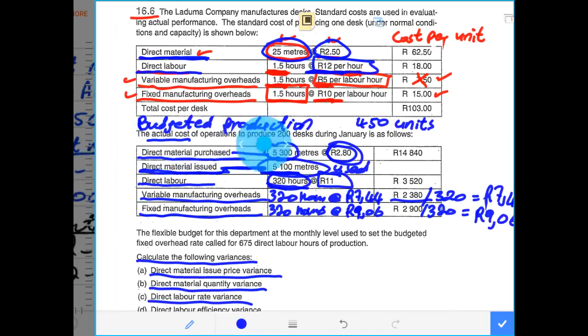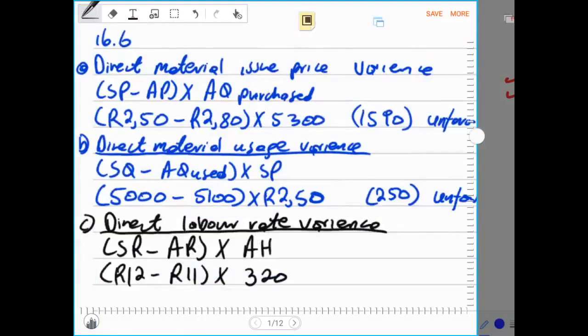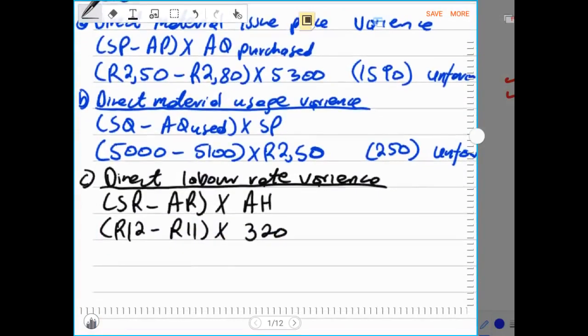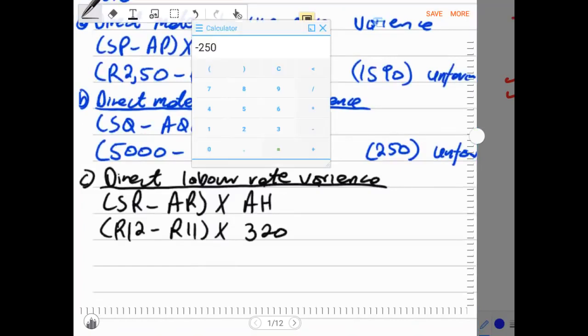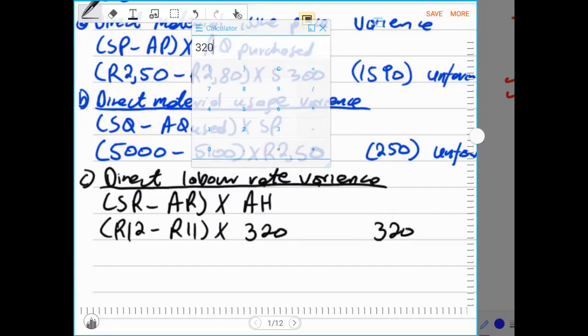So now it's 12 minus 11 times 320. Then we finally get a favorable variance. 12 minus 11 will give us 1, times 320, it will give us 320 as a favorable variance.